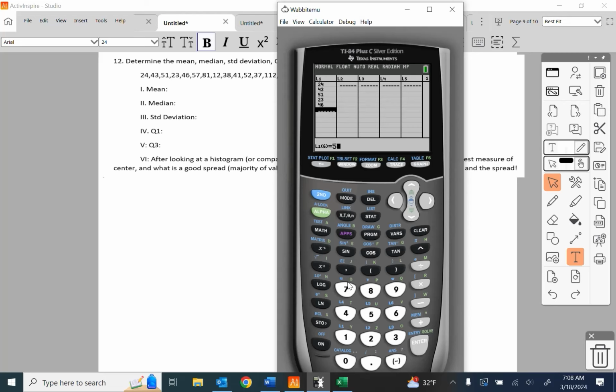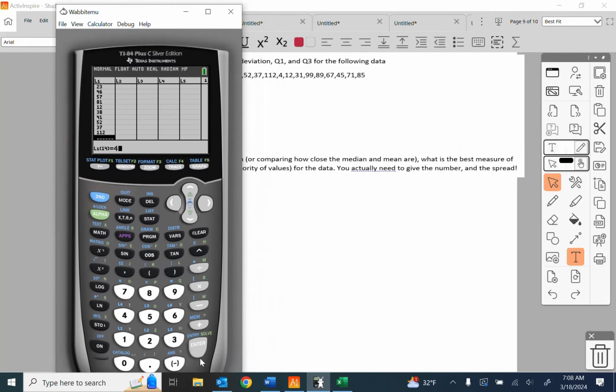So here's the boring process of putting the data in the TI-84. Oops, typo. Make sure you double check what you type.